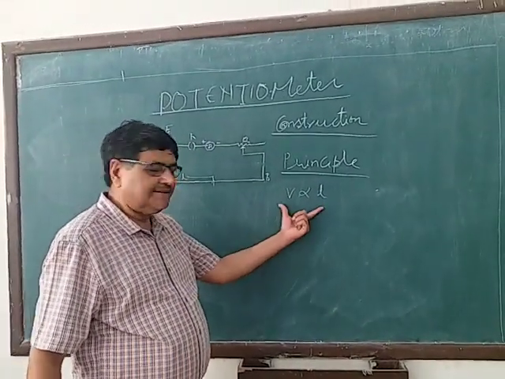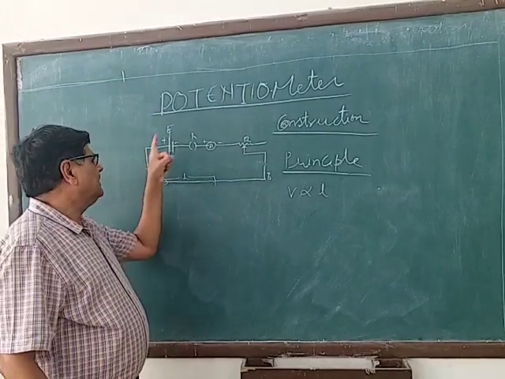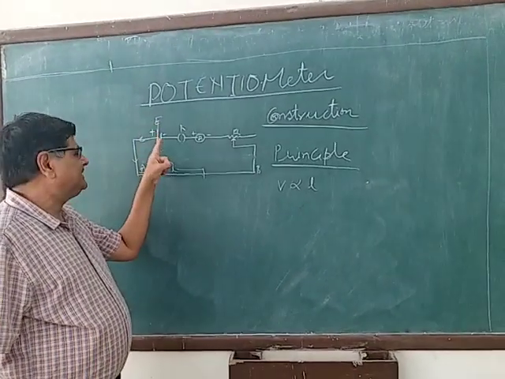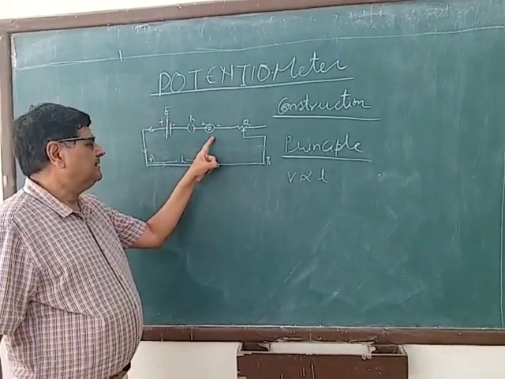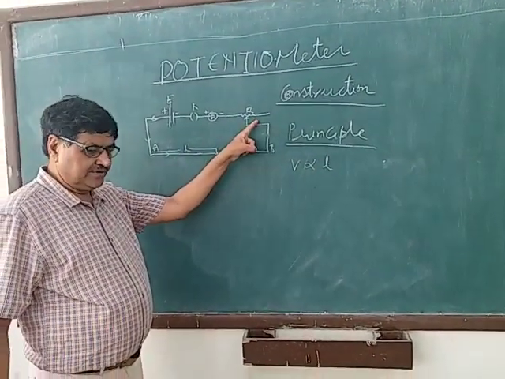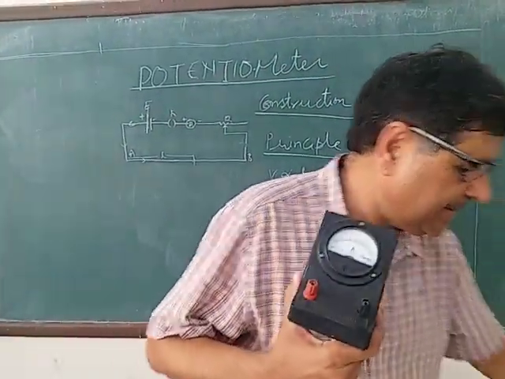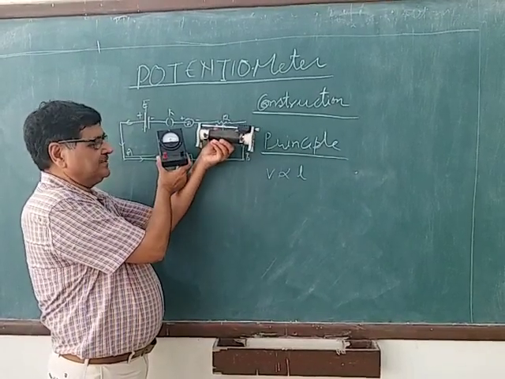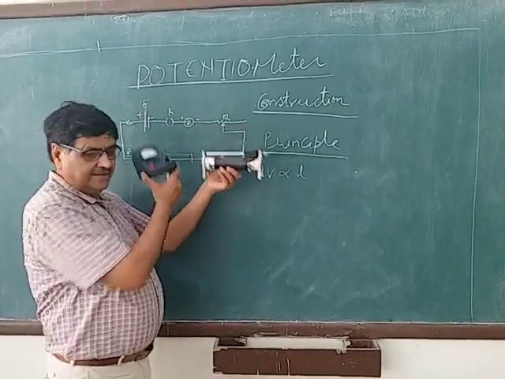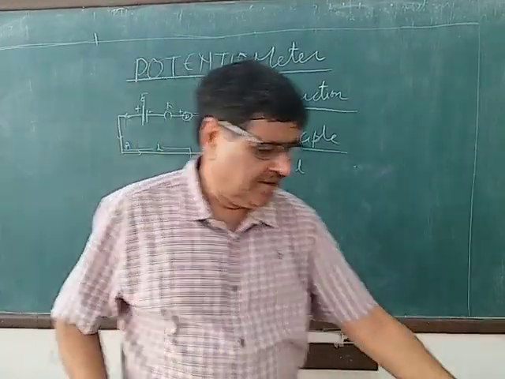To understand this, we draw a simple circuit. E is a cell, K is a key, ammeter, rheostat. If you have not seen all these things, I can show you. This is an ammeter, to measure the current, this is a rheostat, and this is a single key.